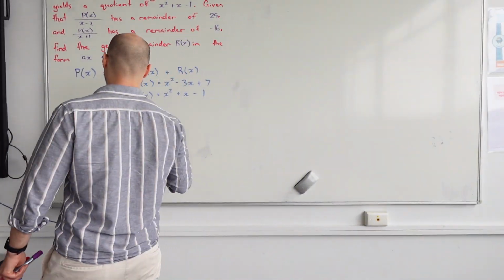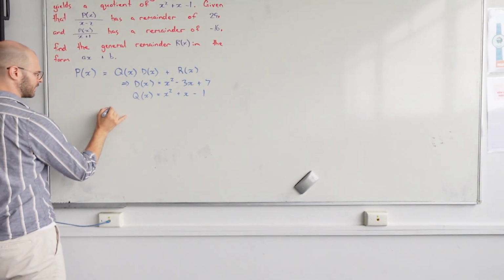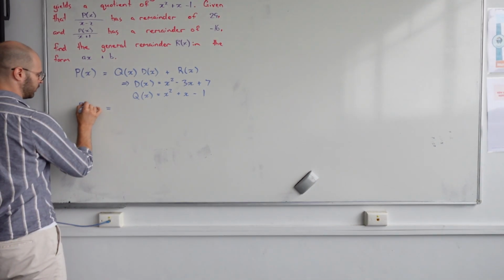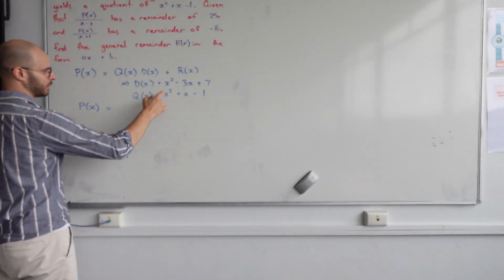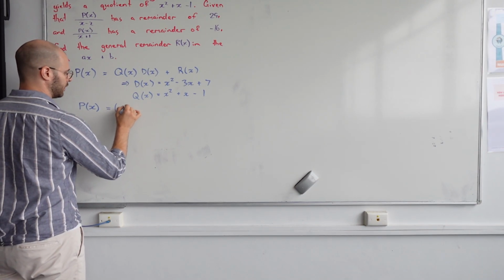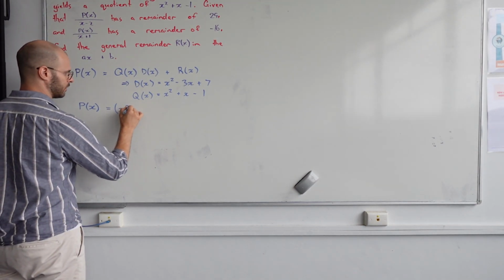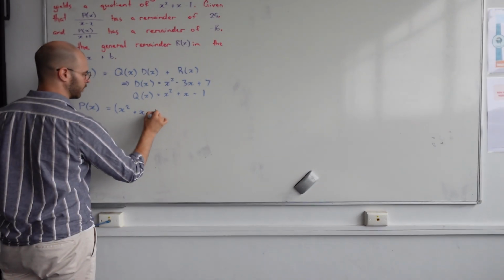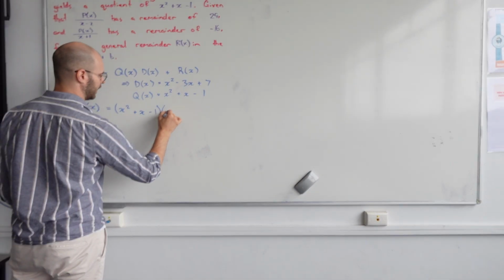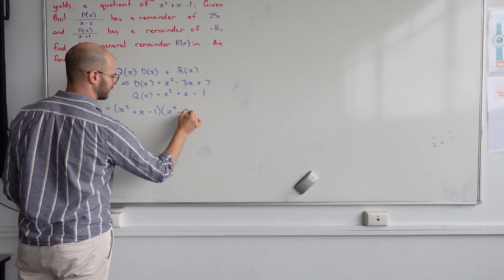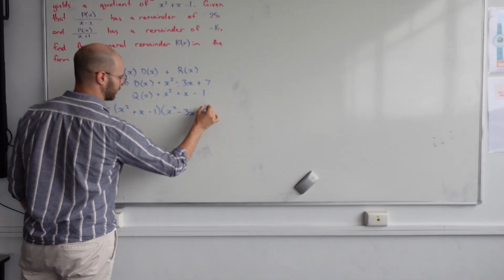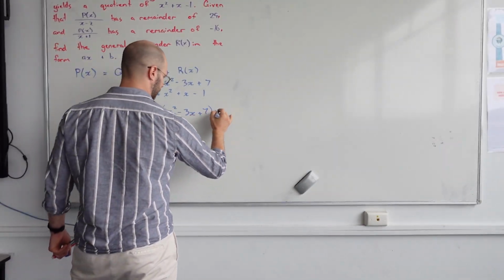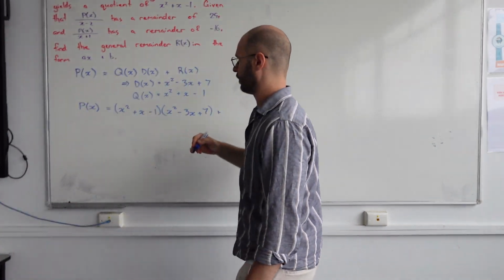So if we put this all together, what we discover is that p of x must be equal to x squared plus x, take 1, times x squared, take 3x, plus 7, plus r of x.